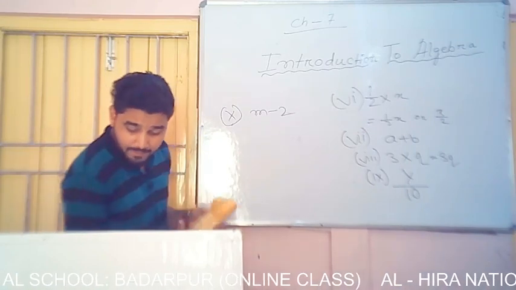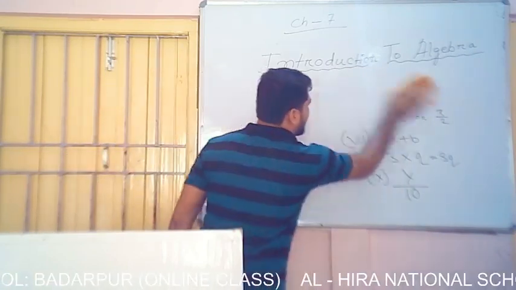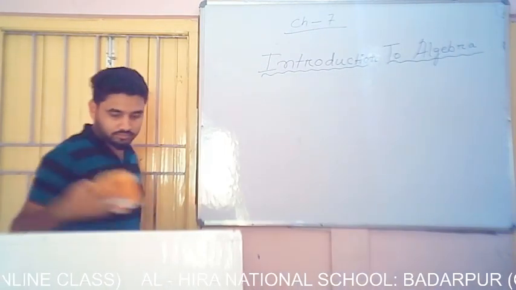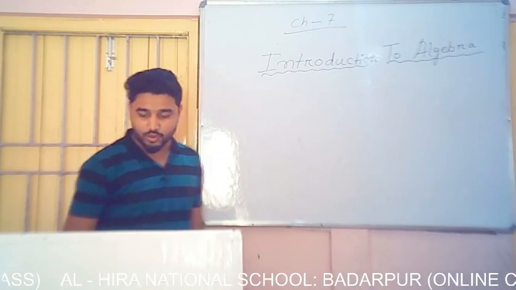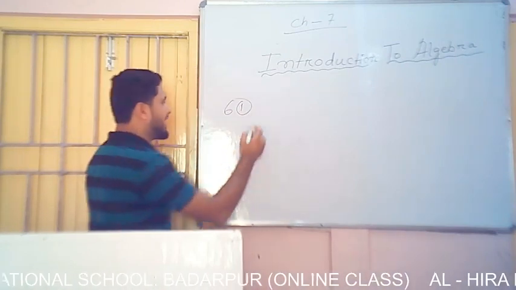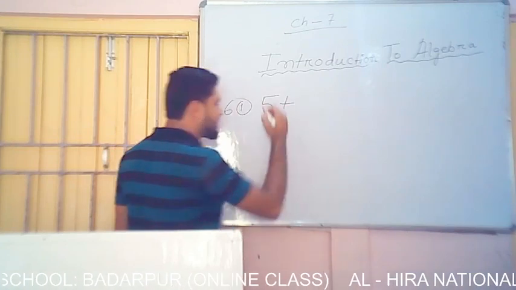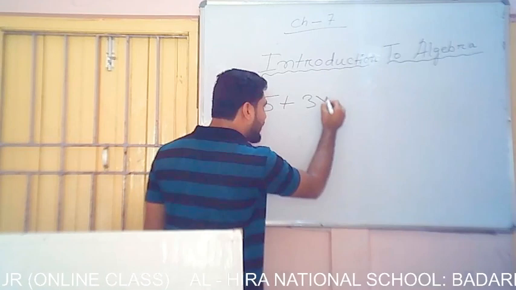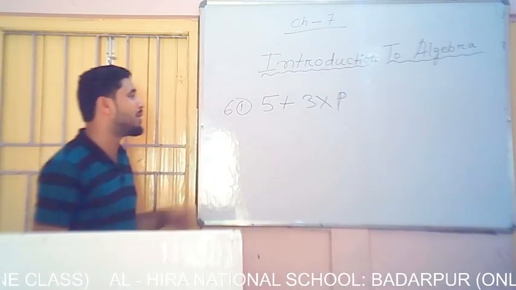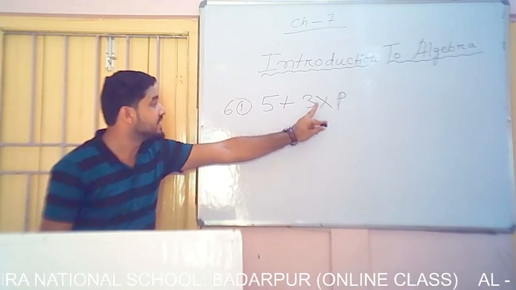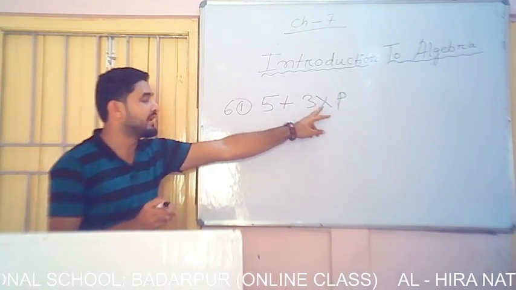So let us write. Question number 1: 5 more than means plus, 3 times of p, that means we should use the operator multiplication.